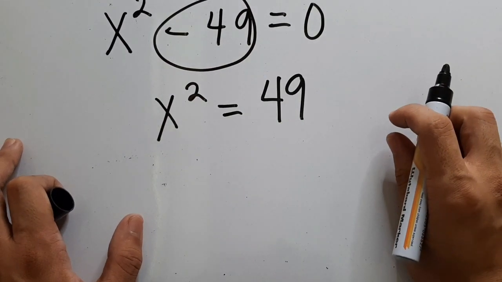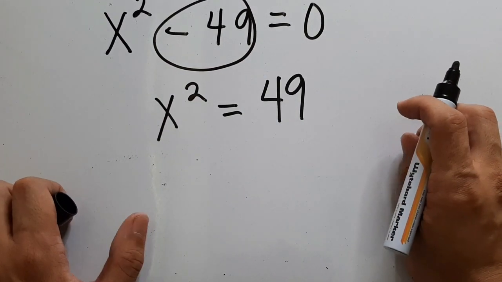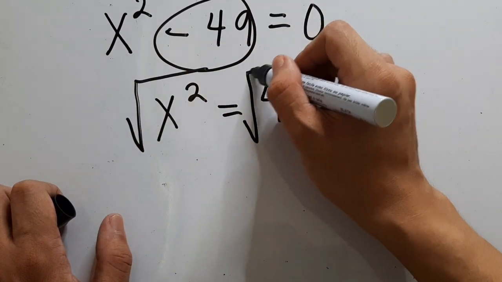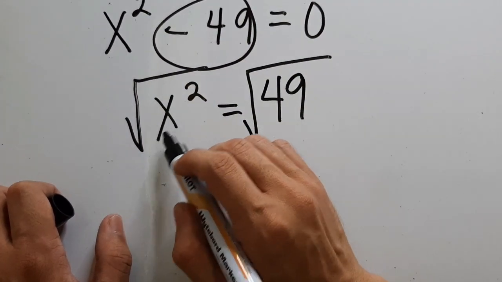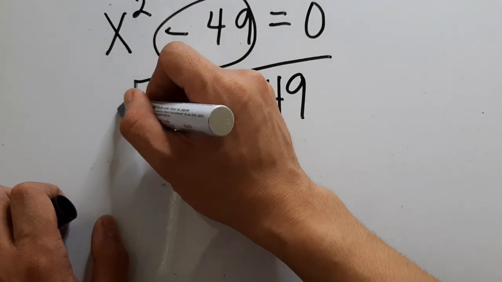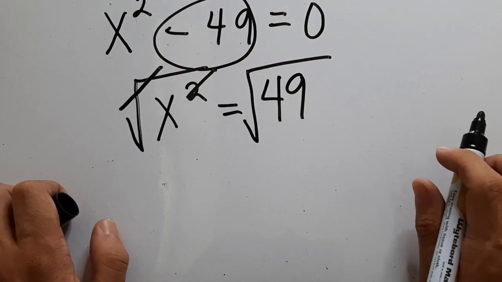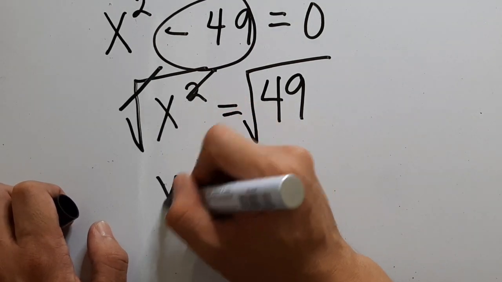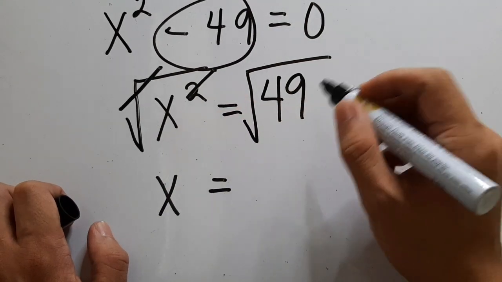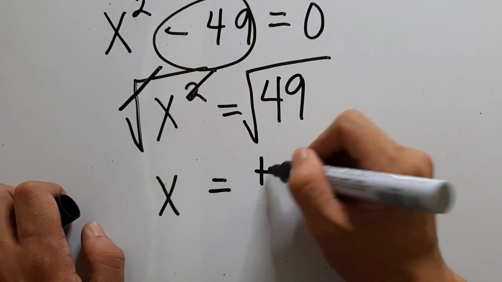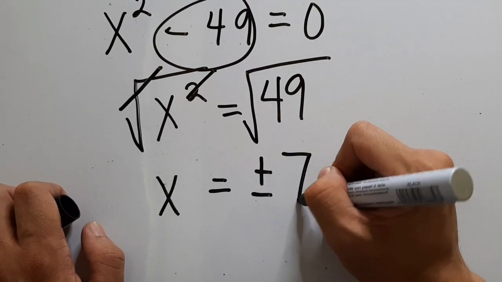Now, para ma-extract ang kanyang square root, we need to put this square root sign. So, we have square root of x squared, makakancel ang square root sign at saka si exponent na 2. So, ang natira ay si x equals, ang square root ni 49 is it's either positive or negative 7.